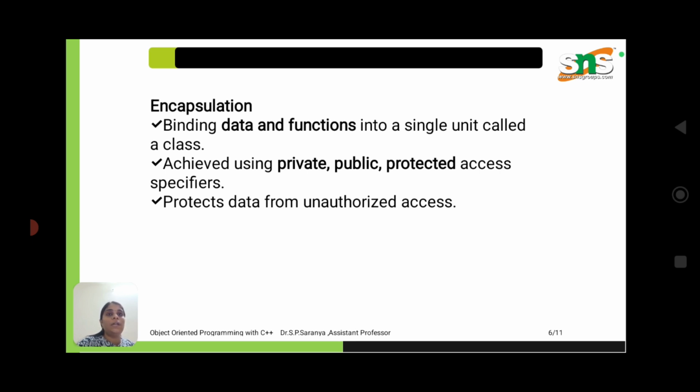It is achieved using private, public, and protected access specifiers, which protect the data from unauthorized access. Nowadays we receive spam calls and spam messages and face so many problems. In this way we protect our data from unauthorized access.